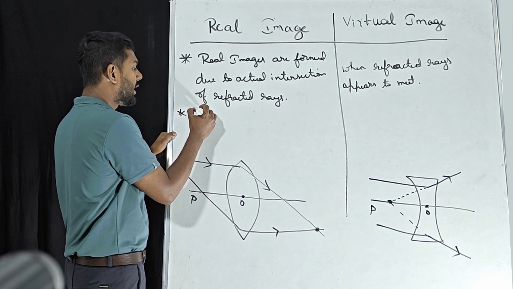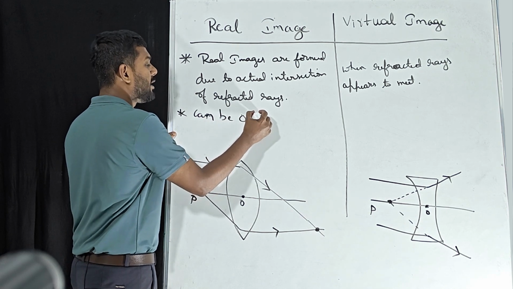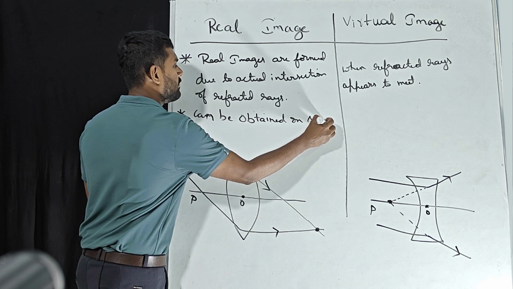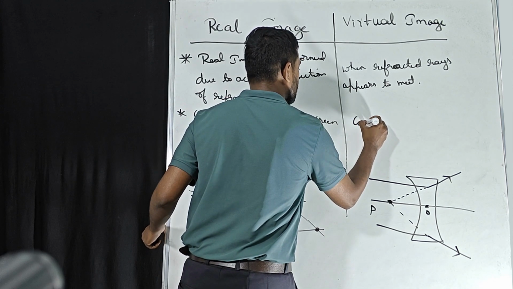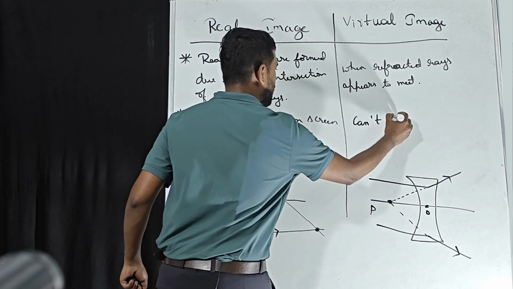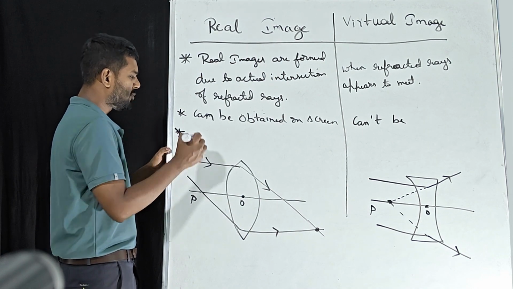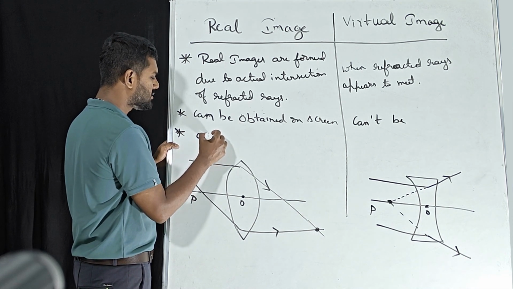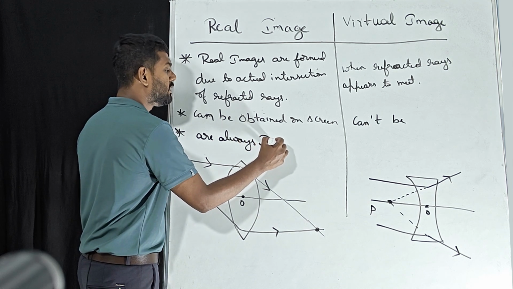Our next point, real images can be obtained on screen, but virtual images cannot be obtained on the screen. Next point, see, real images are always inverted.